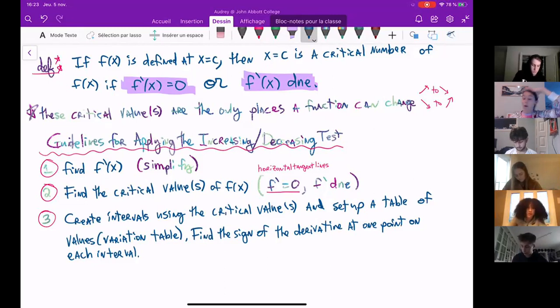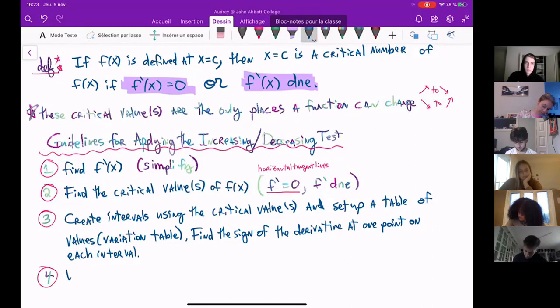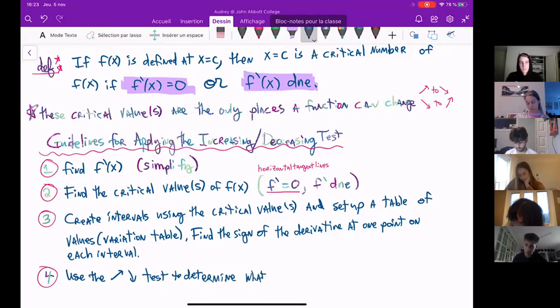Okay, then we're going to apply the test. And so we'll see this in a problem in just a second. Use the test to determine what f is doing on each interval.